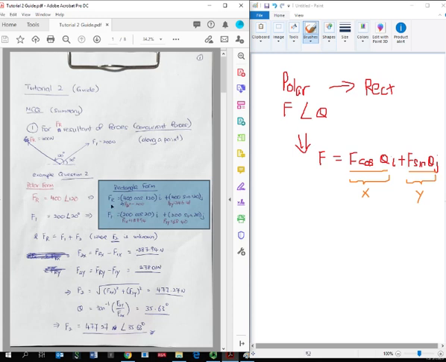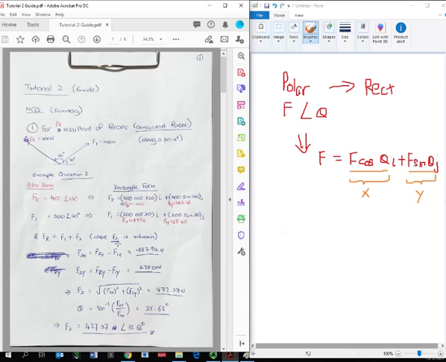So this FR will have components FRX and FRY, and the other force F1 is given to you as 200 at 20 degrees, so you can compute F1X and F1Y. The next step is just as I mentioned earlier.